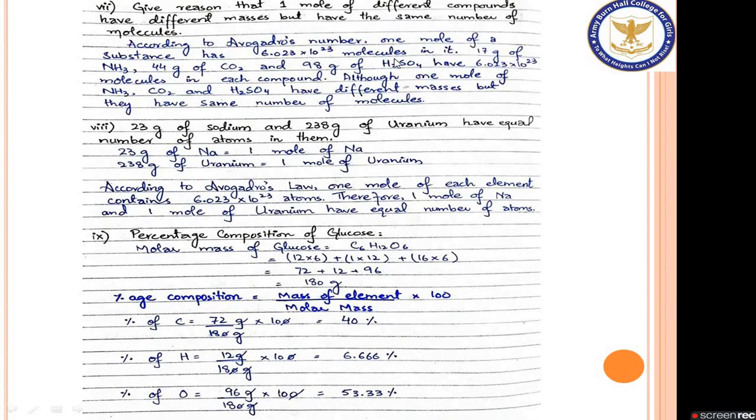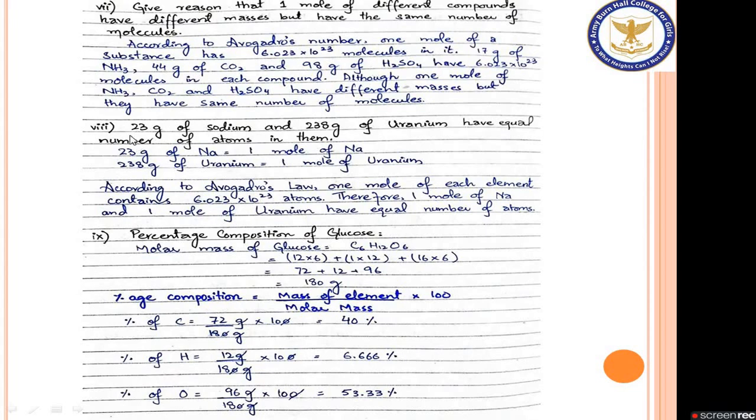If we have different compounds, for example 17 gram of ammonia, 44 gram of carbon dioxide and 98 gram of sulfuric acid, they have the same number of molecules in each one of them. They have different masses, but the same number of molecules in them.